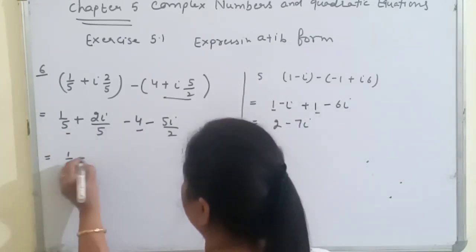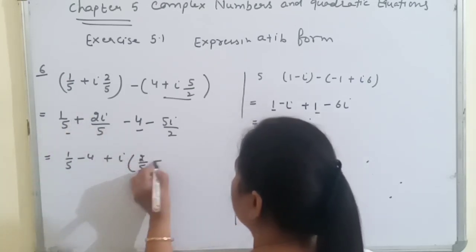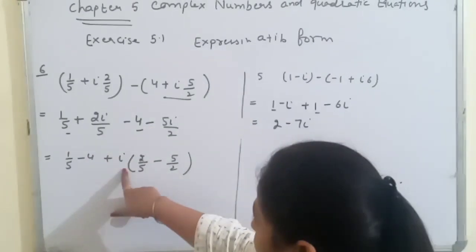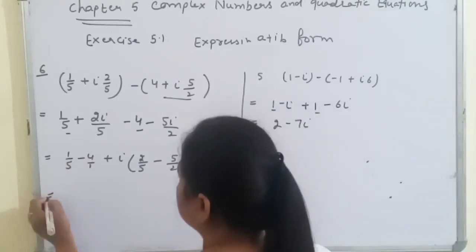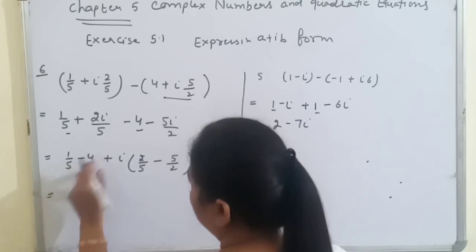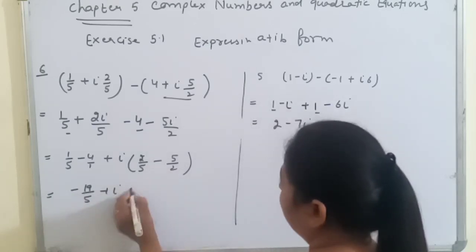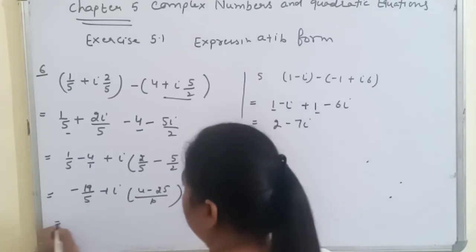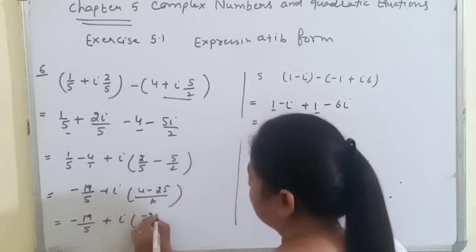Real are 1 by 5 minus 4 and imaginary are 2 by 5 minus 5 by 2. Here you can see I have taken the iota common, because by taking iota common we can easily solve our calculation. Now take the LCM. This is the 20, 5 fours are 20 minus 19 by 5, and here we can solve 4 minus 25 by 10: minus 19 by 5 plus iota minus 21 by 10.